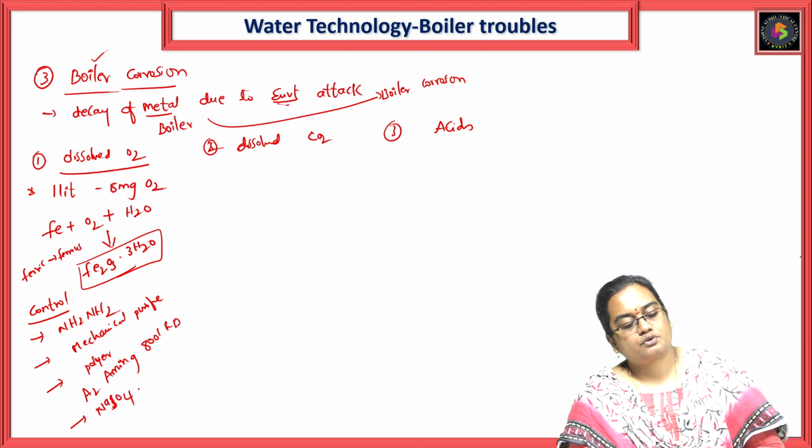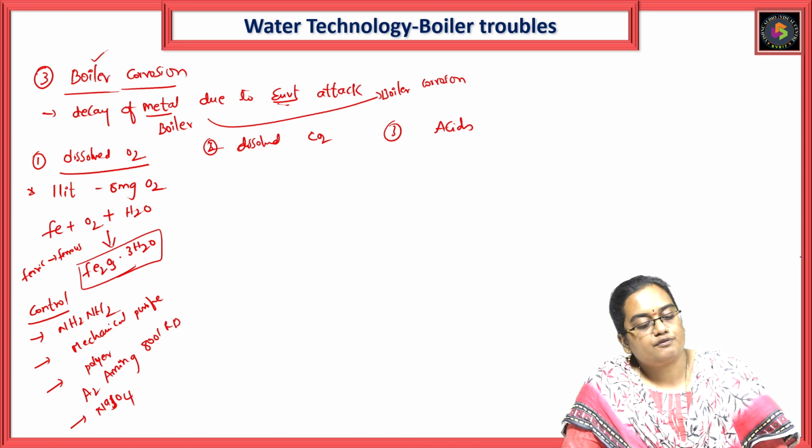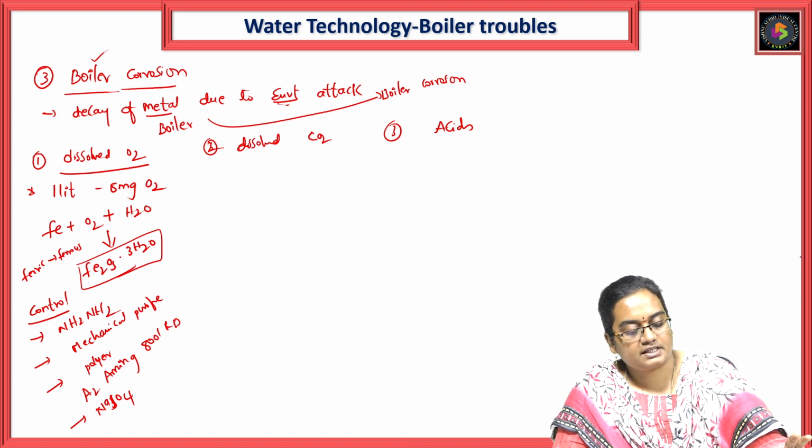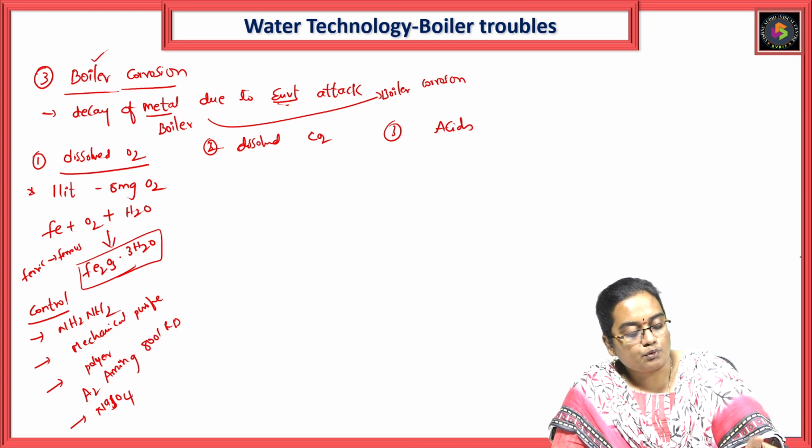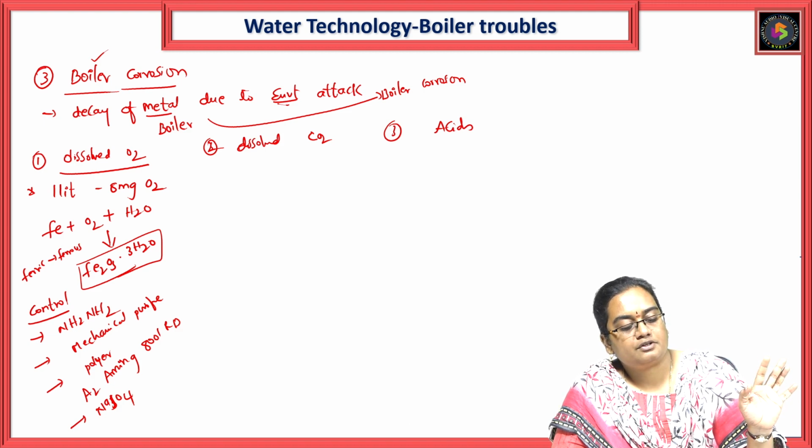So first, boiler corrosion definition, what is the reason, and next, how to control the dissolved oxygen present in your water?